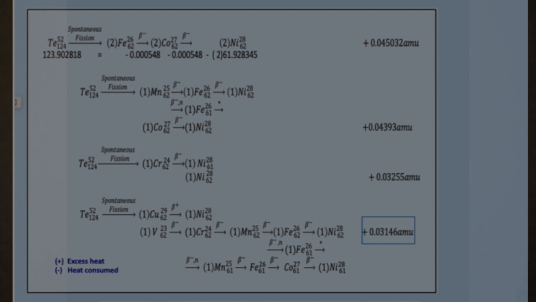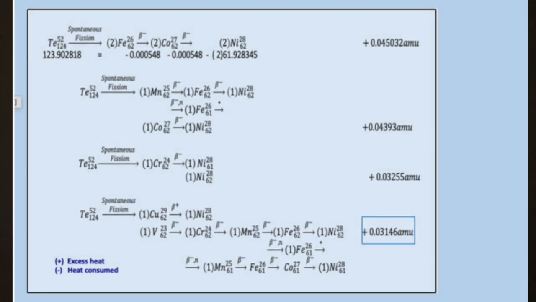I want you to recall how xenon-124 decayed to tellurium-124 and then underwent spontaneous fission to nickel-61 and nickel-62. Here are the calculations for the spontaneous fission reaction. The 4 thermodynamically possible spontaneous fission reactions are shown here.